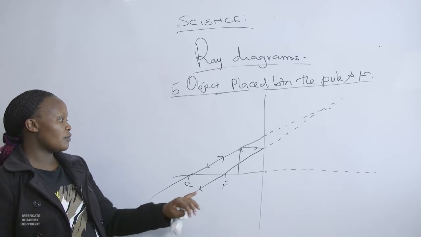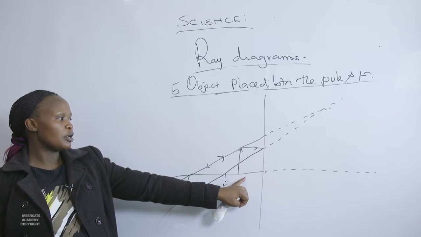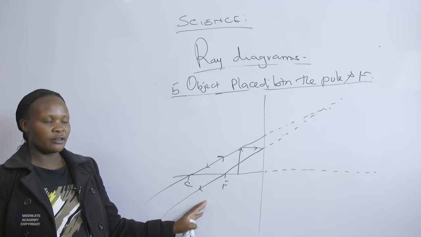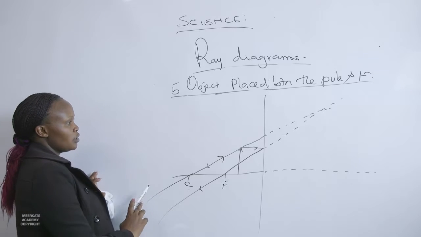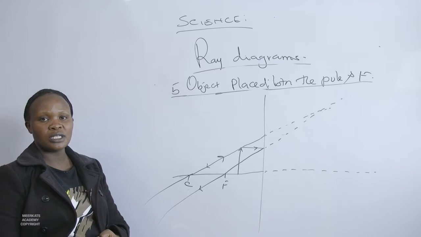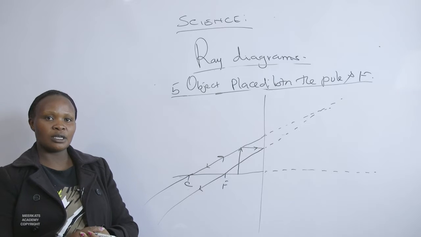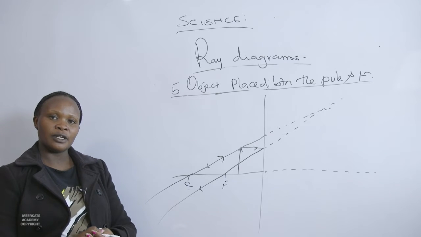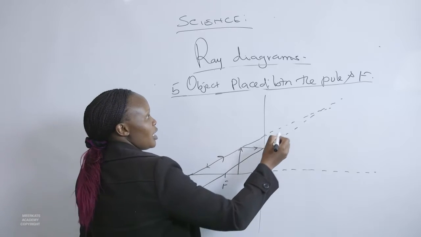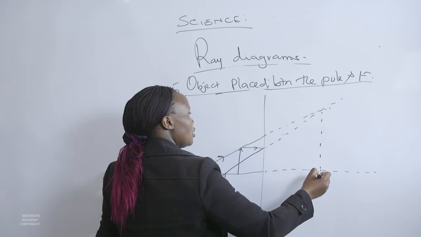We have considered the first one, the ray parallel to the principal axis, which is reflected through F. Then we have this one, which is through C and the tip of our object, and we expect it to be reflected along the same path.